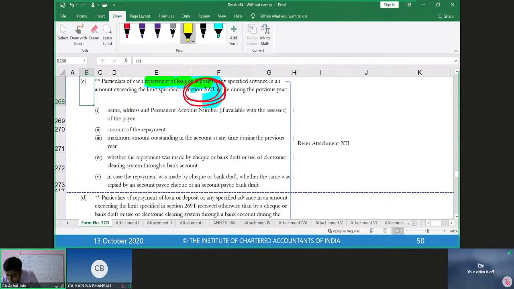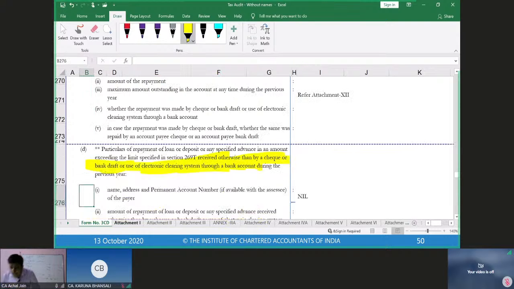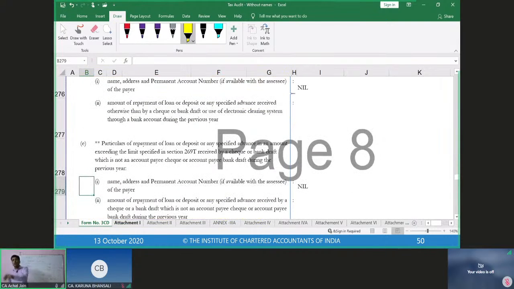Now what is the difference? Which was received otherwise than by a check or bank draft or electronic system. Now, in case there were any such receipts, those are required to be reported in respect of their repayments.